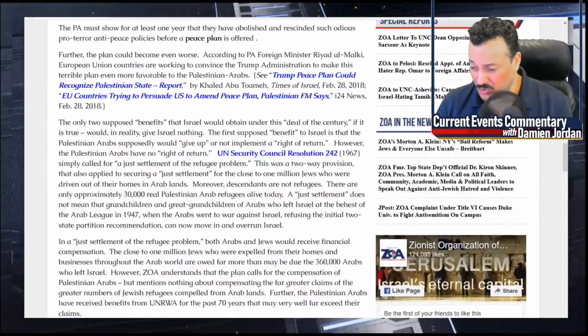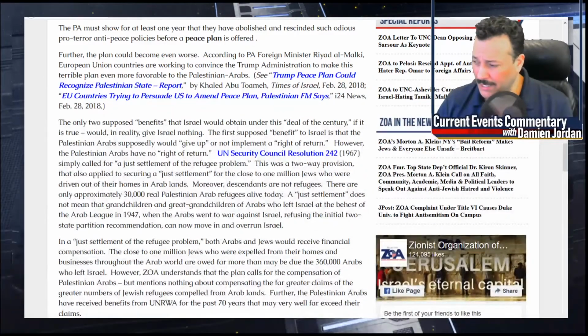However, ZOA understands that the plan calls for the compensation of Palestinian Arabs, but mentions nothing about compensating the far greater claims of the greater numbers of Jewish refugees compelled from Arab lands. Further, the Palestinian Arabs have received benefits from UNRWA for the past 70 years that may well far exceed their claims.